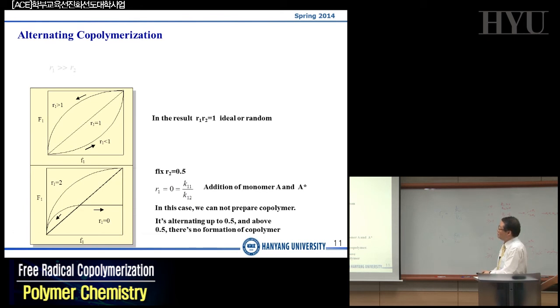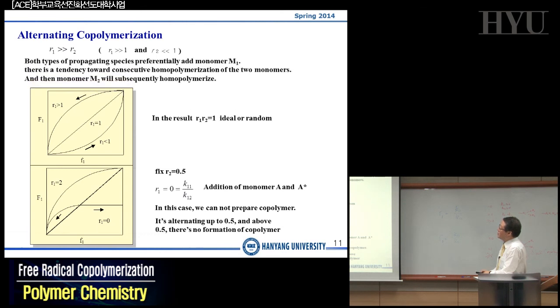Okay. So if you take a look at R1 greater than R2, if R1 is much larger than 1, R2 will be much smaller than 1. Okay? And in this case, there is a tendency for the homopolymerization of the two monomers.